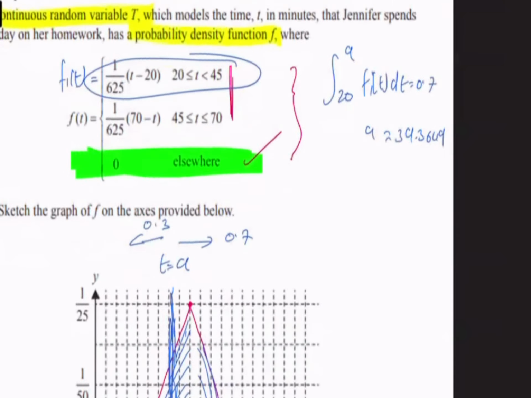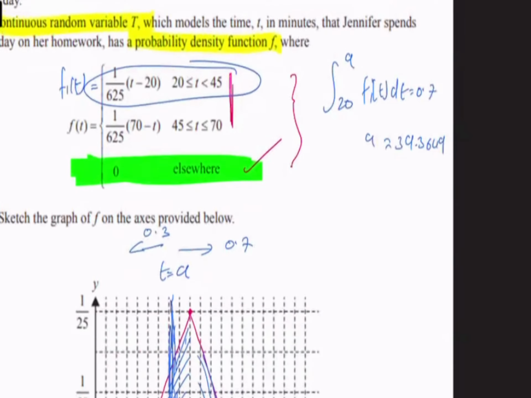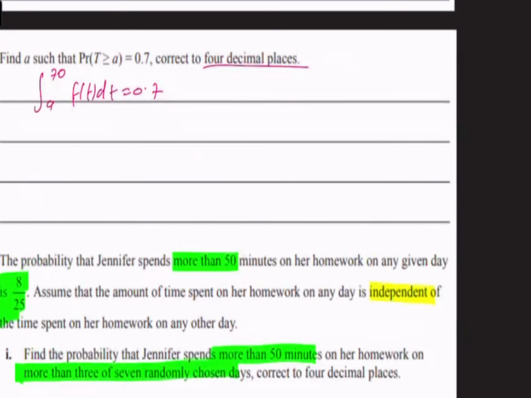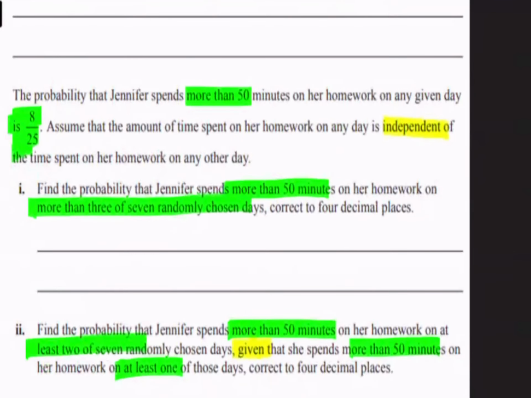That should be much easier than trying to get the hybrid function to work on your CAS. So A equals 39.3649. Immediately you can see in this question, we've moved on to binomial distribution.